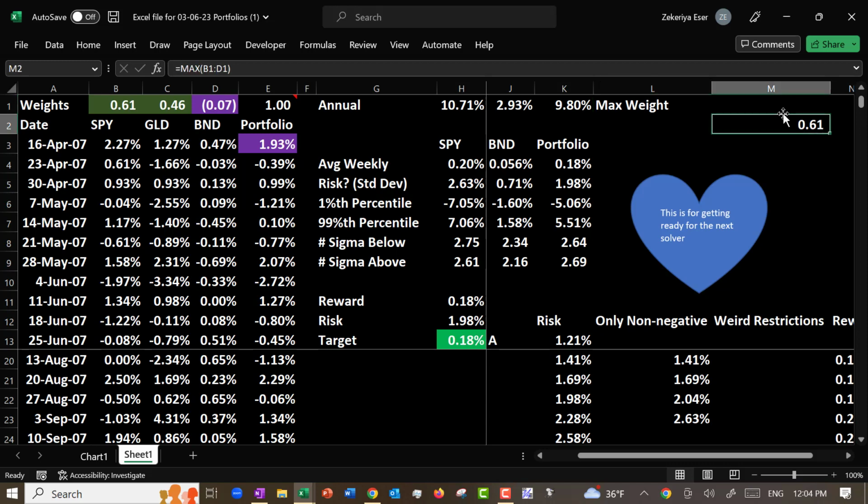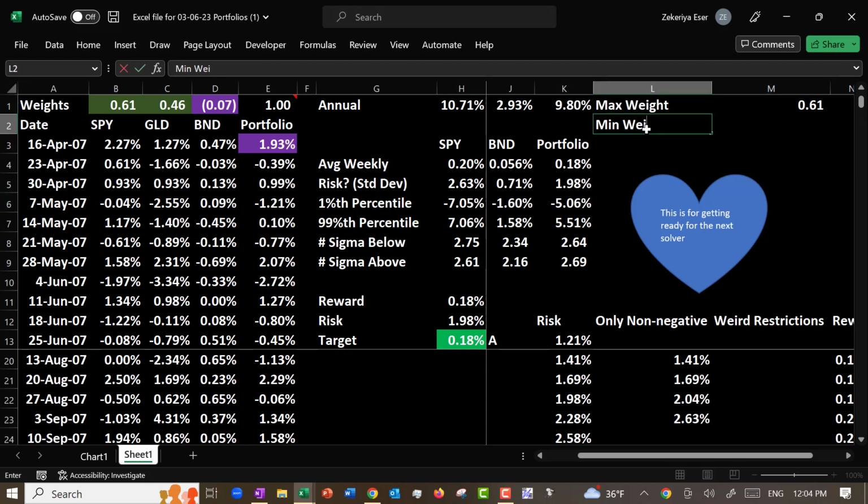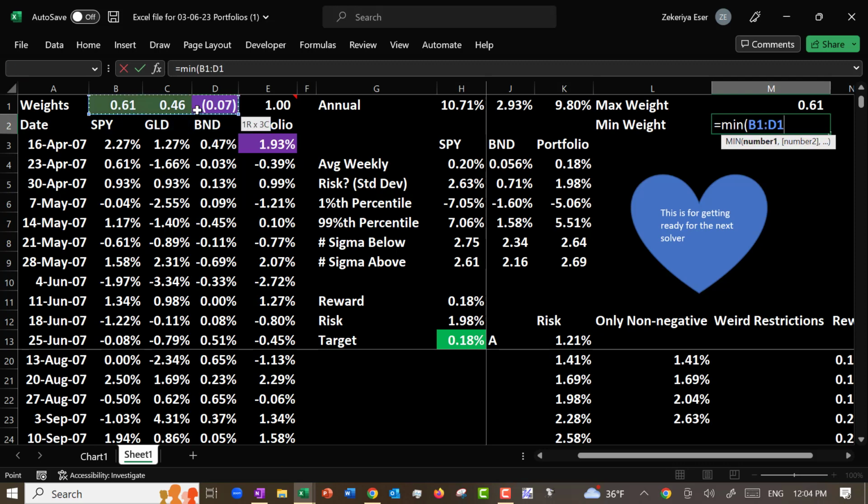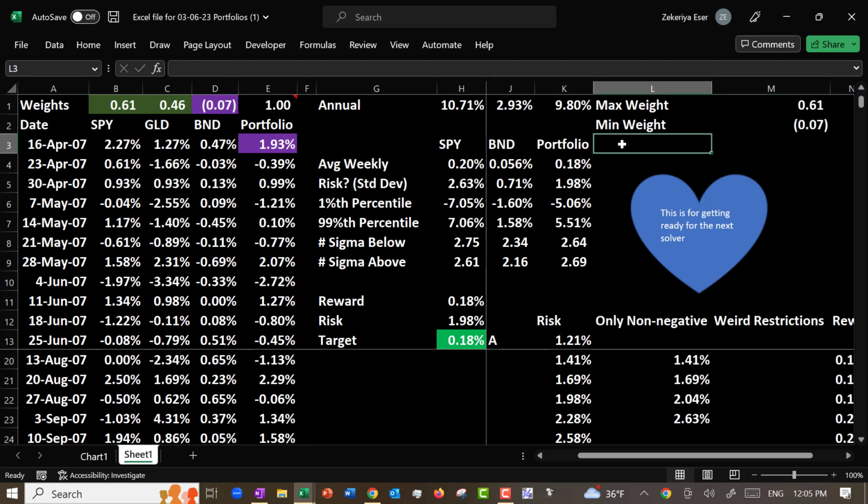Let's do it this way. Min weight, minimum of these, and total negative weight.